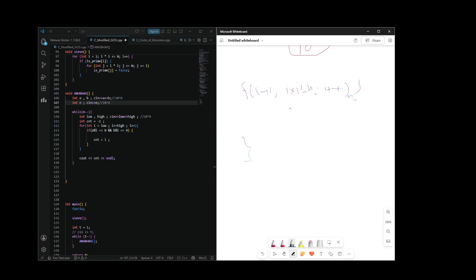So we iterate in this loop and we calculate the divisors in pairwise format.